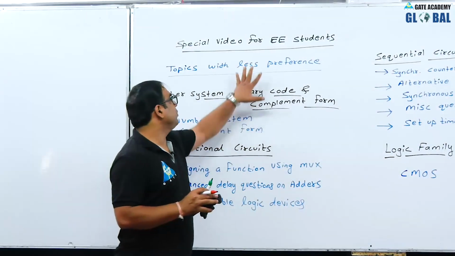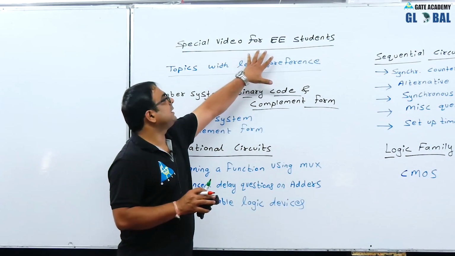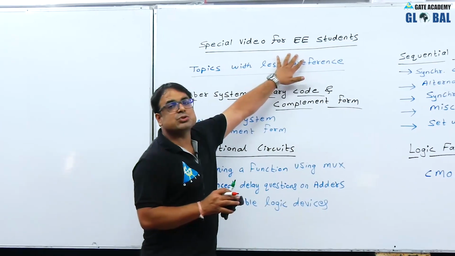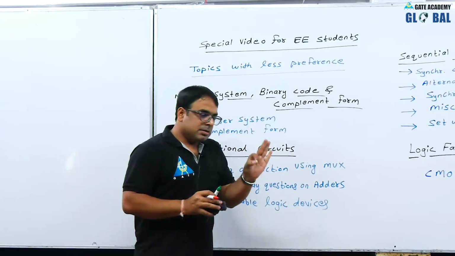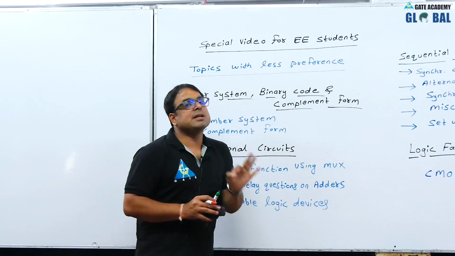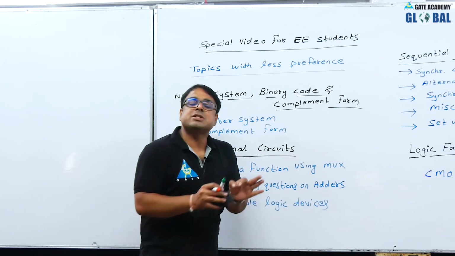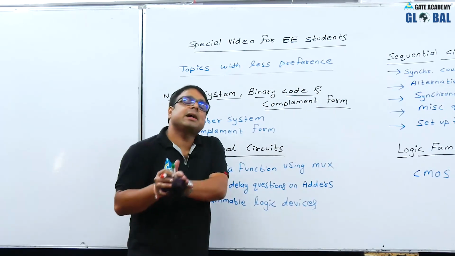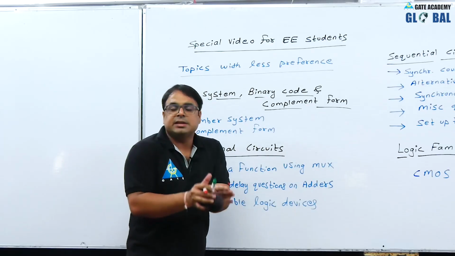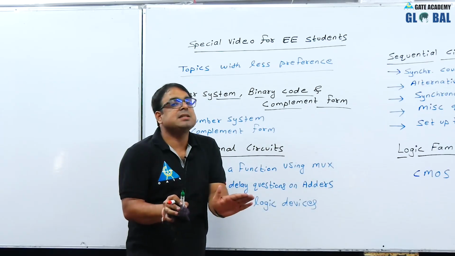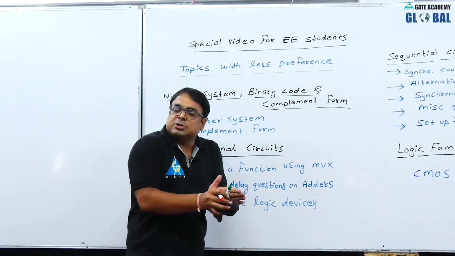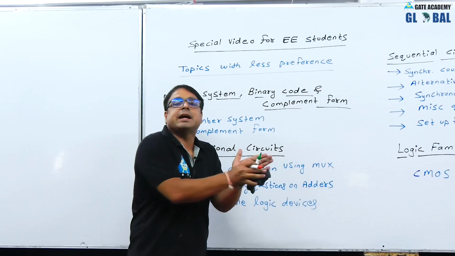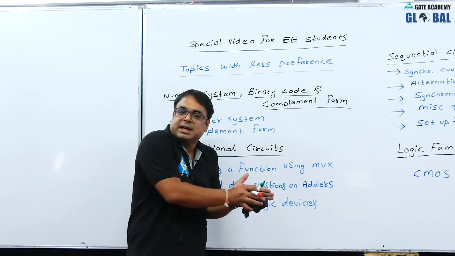This part of the video I am specially making for electrical engineering students. See, this subject, digital electronics and microprocessor, although it is common for electronics, instrumentation and electrical students, still there is a big difference in these branches. For electronics and instrumentation, it is like a core subject with a very high weightage.